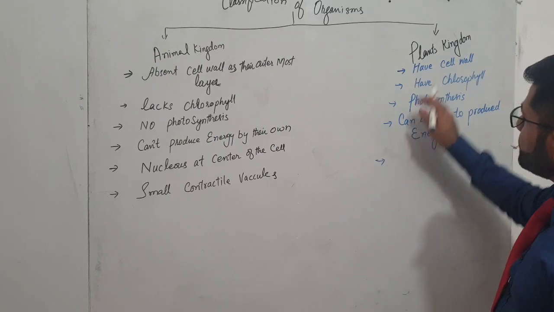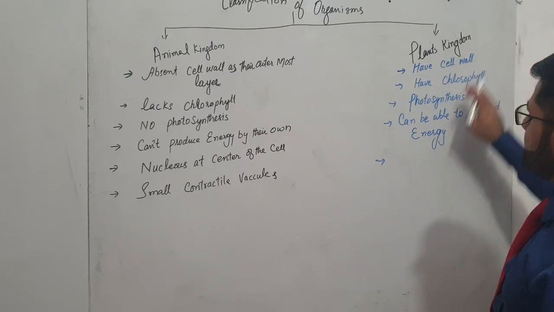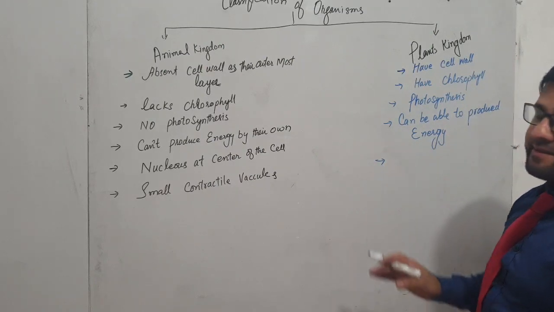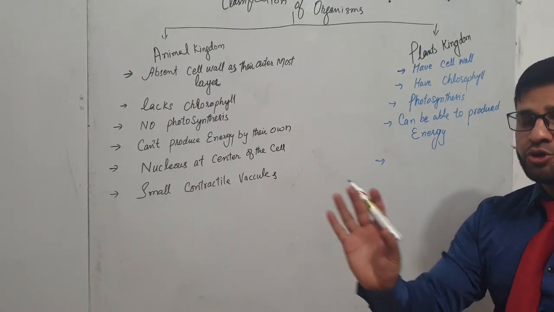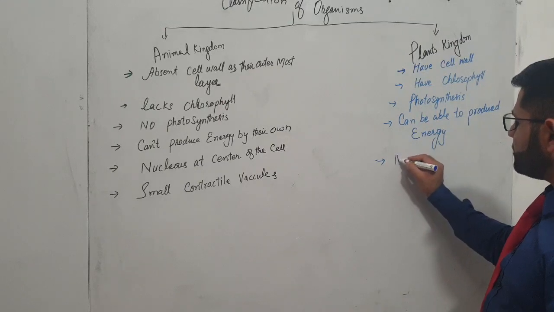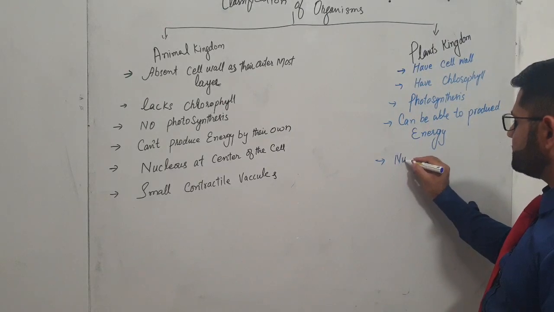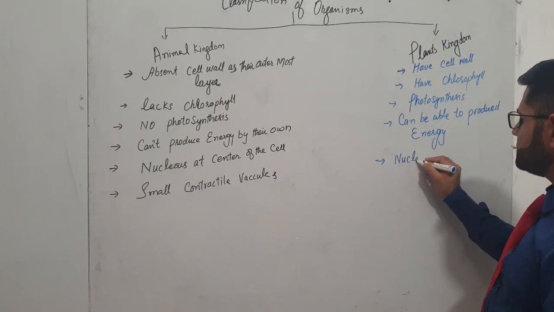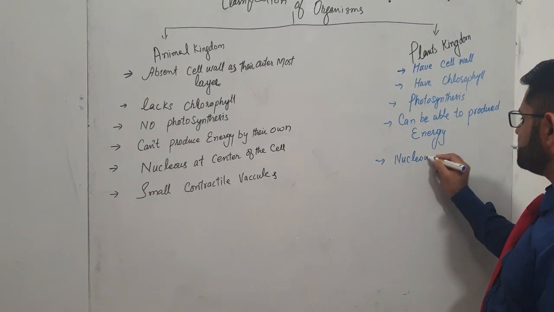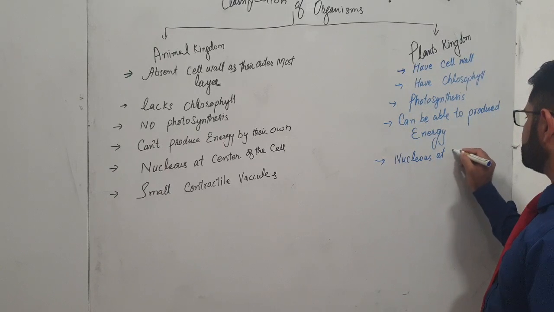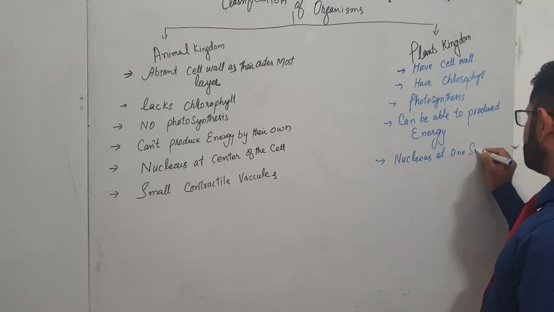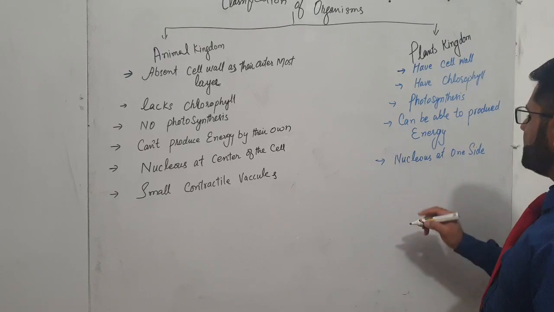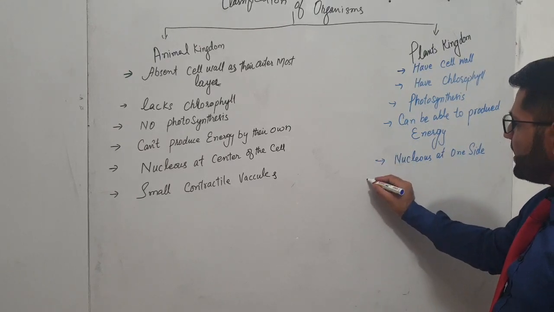Next, the nucleus of plant kingdom cells will not be at the center, but it will be pushed to one side. Why?